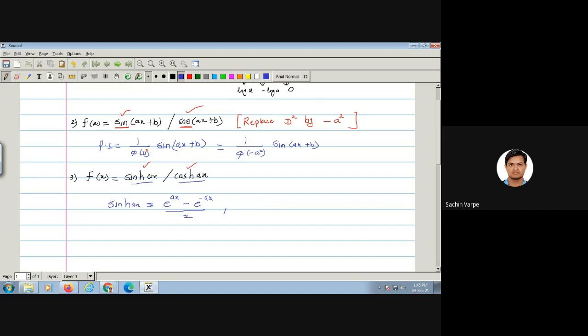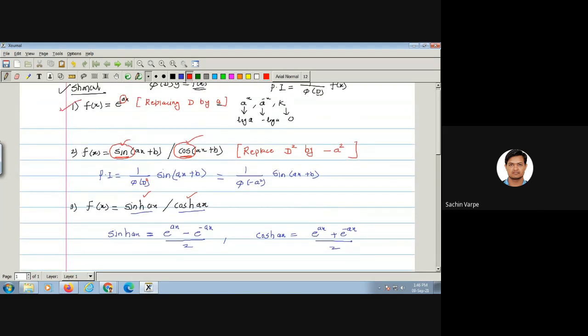And hyperbolic cos ax is e to the power ax plus e to the power minus ax upon 2. Clear? When we write sine and cosine in exponential forms, we can use the first case only, but we are not preferring that, as we directly have the substitution of d square by minus a square.